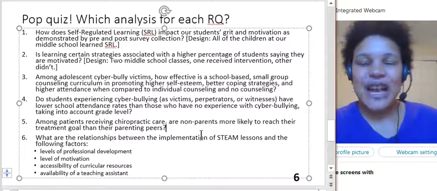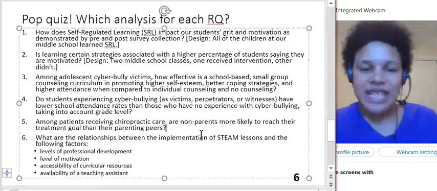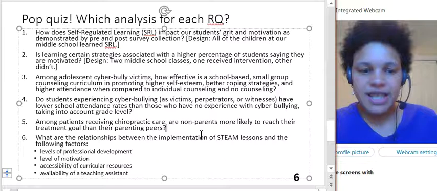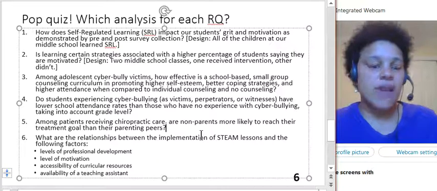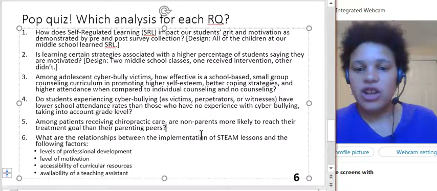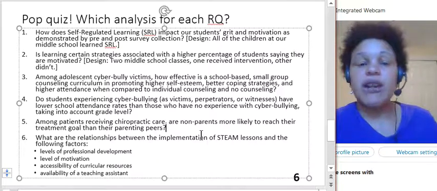And so that's why I put in this question. So we have patients receiving chiropractic care, and then we have non-parents and parents, and reaching their treatment goal is the outcome.